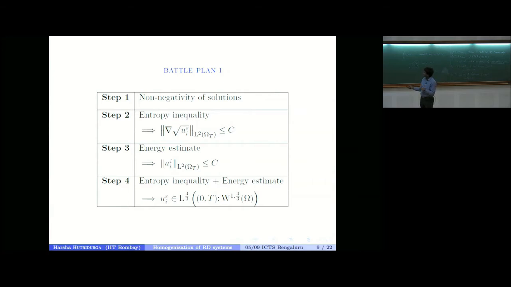This is what we will gather from step 2 and step 3. We will deduce that u_i epsilons are uniformly bounded in L^{4/3} in time, W^{1,4/3} in space. So this is, let's say, the linear part. This is what you would do for a linear problem to get L^p W^{1,p} estimates.